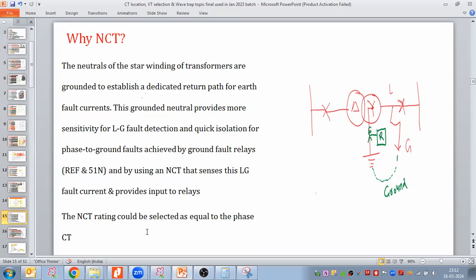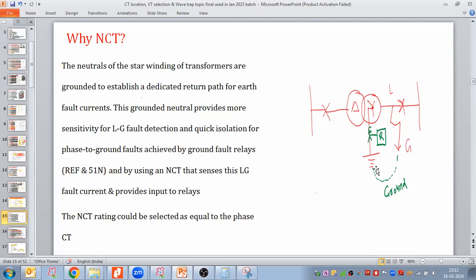This neutral CT rating could be selected as equal to the phase CT, so this NCT current ratio is equal to your phase CT current ratio. I intentionally put this statement because most of the time I have seen that it is not clear about the CT ratio, because when there is no fault happening, the current is 0 over here, and voltage is 0 between the neutral and the ground.